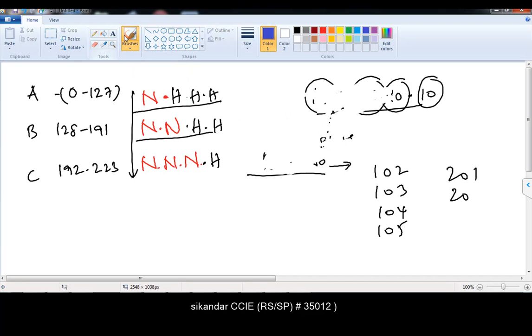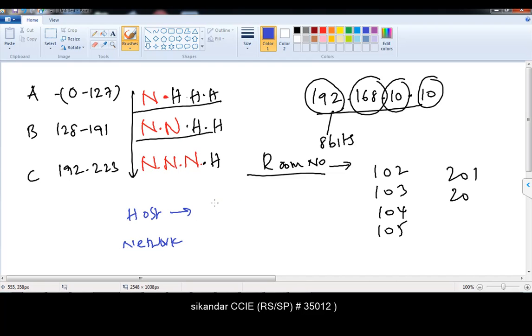If I take an example of the same thing, here we have two types of portions: host and network.